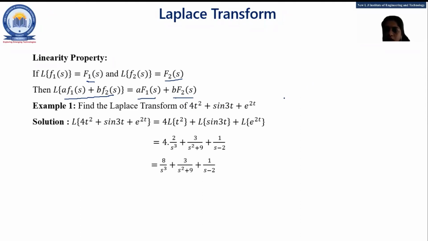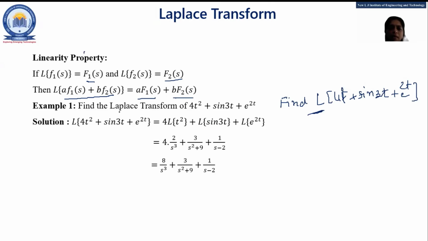They may also ask like, find Laplace of these three functions, 4t square plus sine 3t plus e raised to 2t. Okay, so both are the same. In the exam, either they ask in word form, find the Laplace transform, or they may ask through this symbol, just capital L. Okay, both are the same.